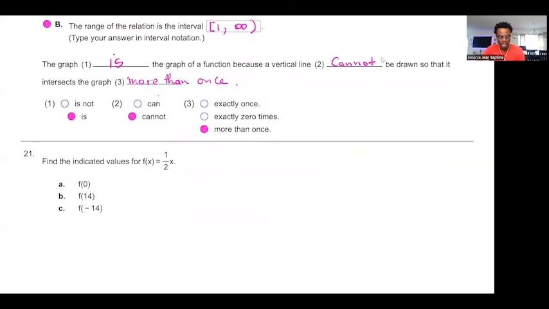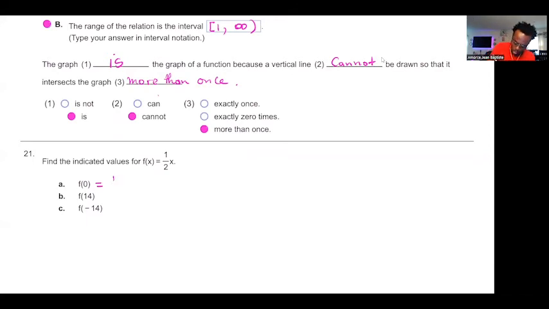All right, let's calculate f of 0, f of 14, f of -14 when f of x equals this. You need to show work. I don't know how much work it requires, but don't tell me, oh, that's obvious, and then just do it. Well, show me what you did. So f of 0 means plug in 0 for x.